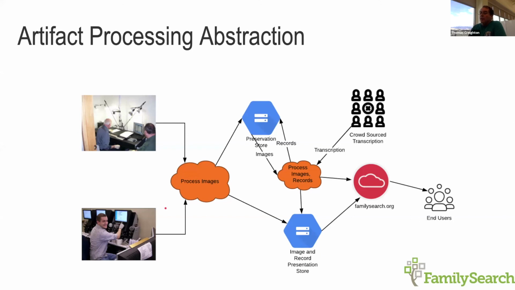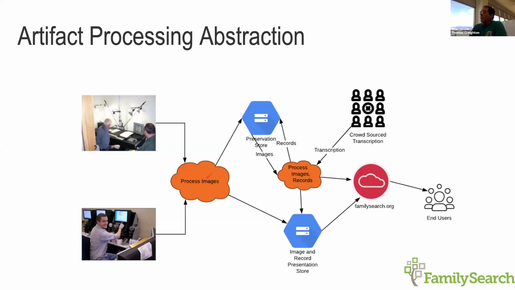And these are archived literally in a cave bored in the mountains east of Salt Lake City. We've retrofitted some of that cave to put a small data center in there, and that small data center hosts one of our preservation stores. We have 2 full preservation stores, each of which stores at least 2 copies of everything that we have.